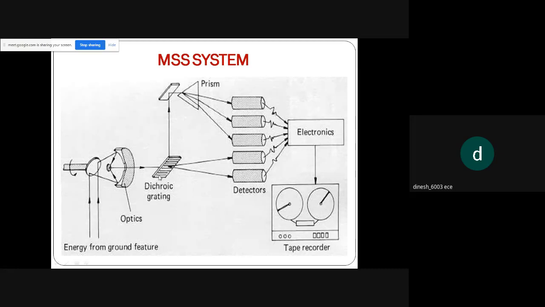That optics sends the captured signal into a dichroic grating. That dichroic grating is given to the sensor or the detector, which will convert the information through the electronics part, and then it is recorded by a tape recorder or a device.